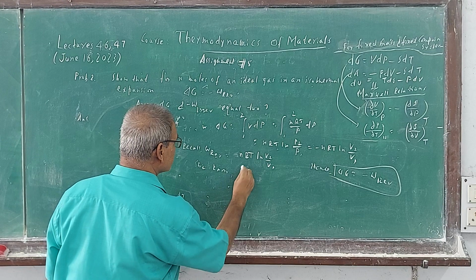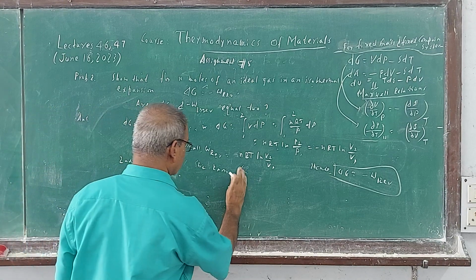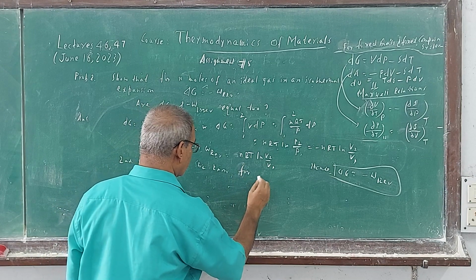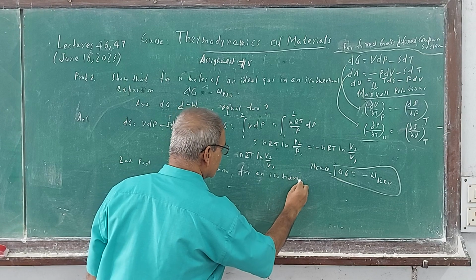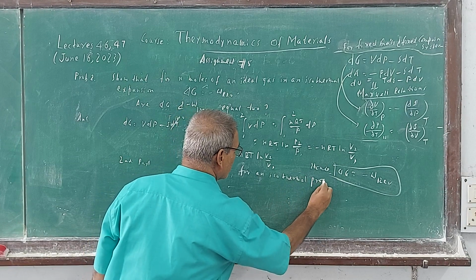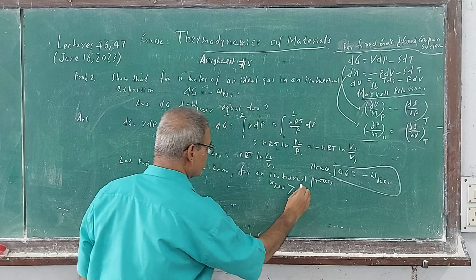For an isothermal process, W reversible is greater than W irreversible in isothermal expansion.